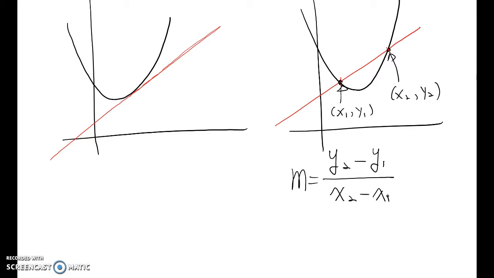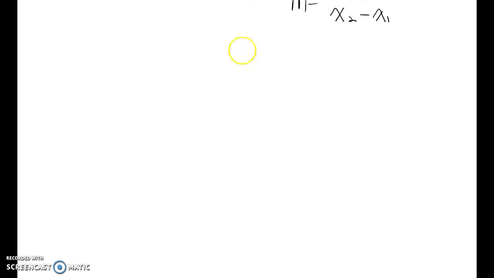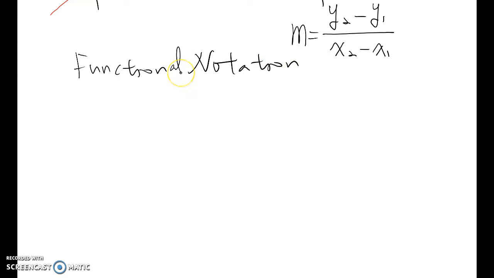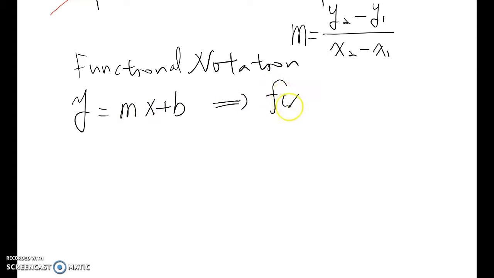From now on, I want to play with the slope formula a little bit more. Good? So let's think about function notation. Function notation means, if we have y equal to maybe a linear function like this, then you can rewrite it as f(x) equals mx plus b.